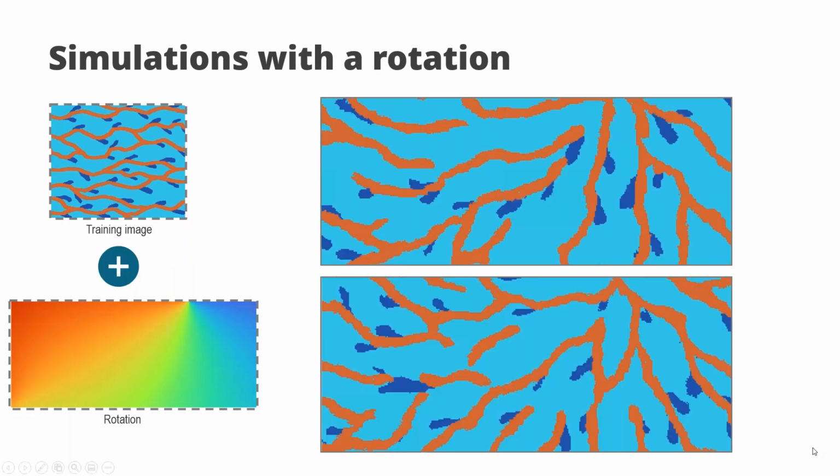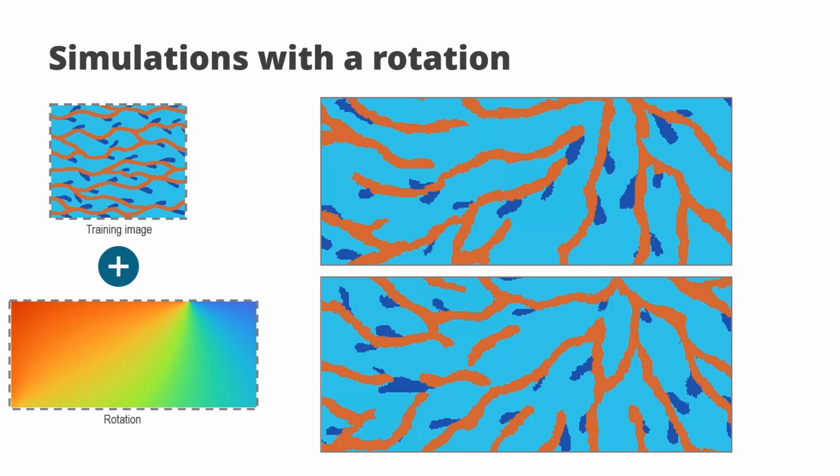Another example here is if we want to use a rotation. So in this case, we also work with the same training image, and we add an information on the rotation. And like that, we can obtain this type of simulation. So we simulate structure with different orientation from the training image.